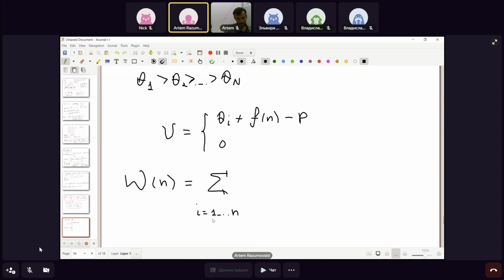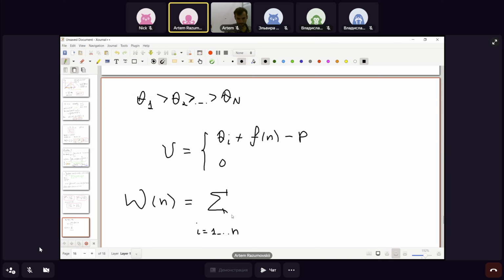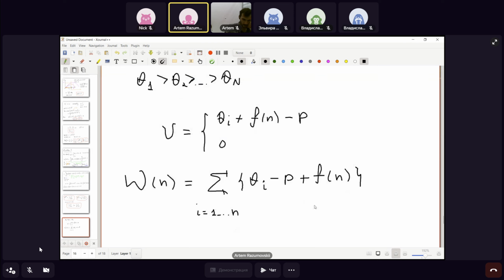That's why we will sum up from first to some n. And we sum, not integrate, because we have a discrete number of users. So this is the social welfare function.